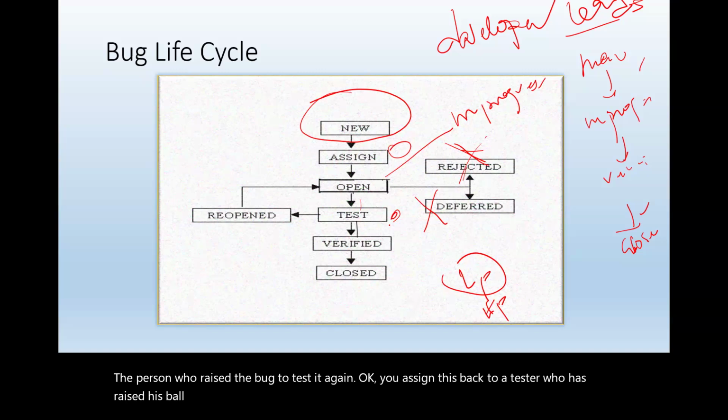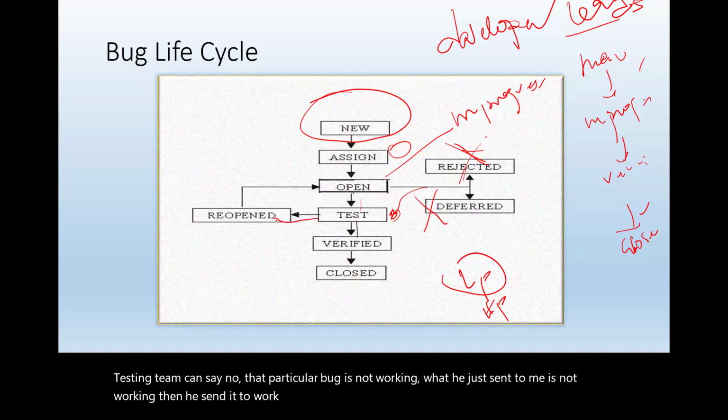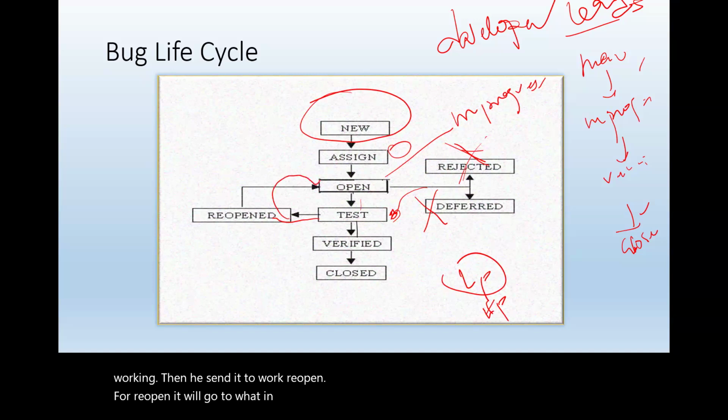Then testing will happen for this particular bug. Then the testing team can say, no, that particular bug is not working. What he just sent to me is not working. Then he sends it to reopen. From reopen, it will go to in progress.